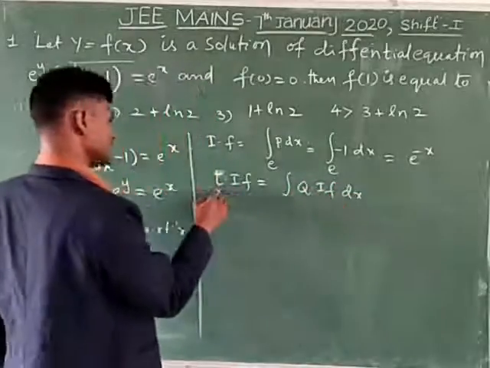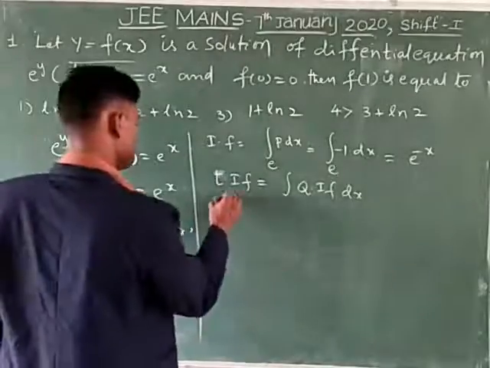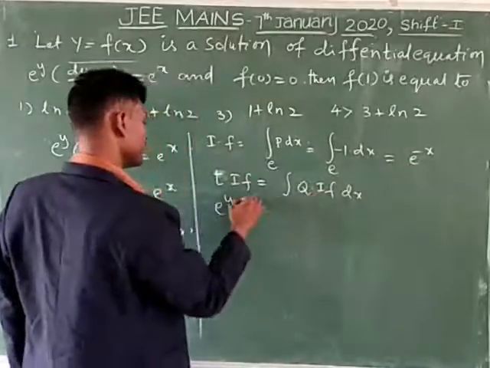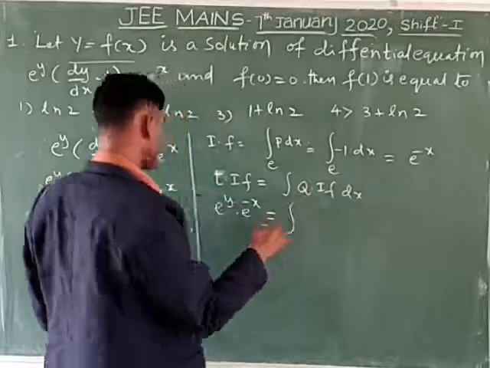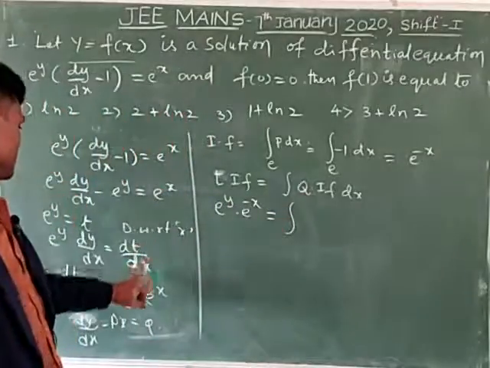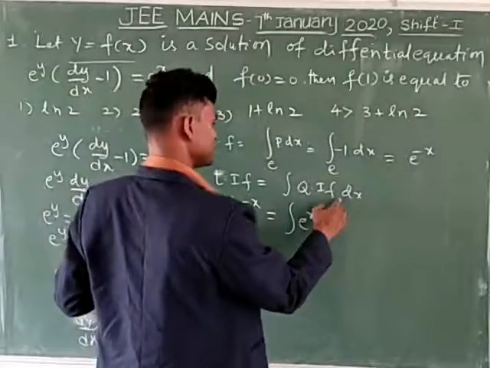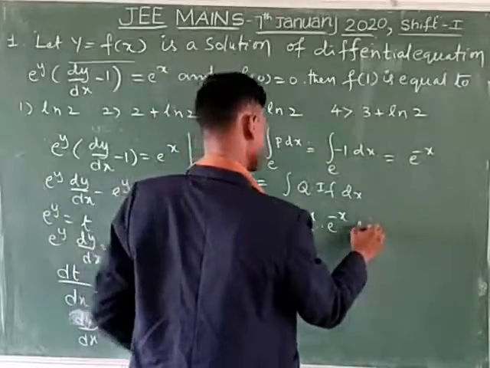Now see here, what is the t value? Here e to the power of y, and the integrating factor is e to the power of minus x, equals the integral of q, which is e to the power x, and the integrating factor e to the power of minus x, dx.